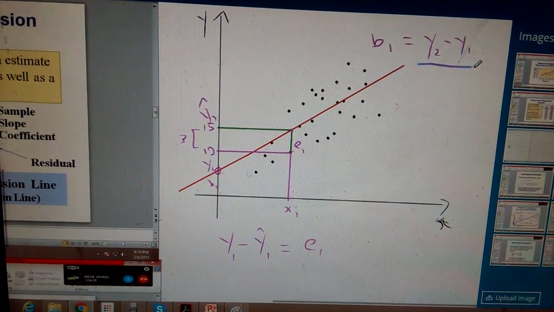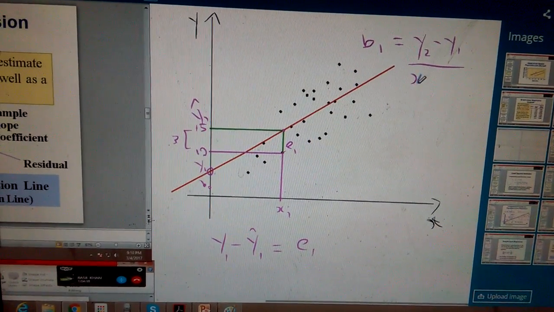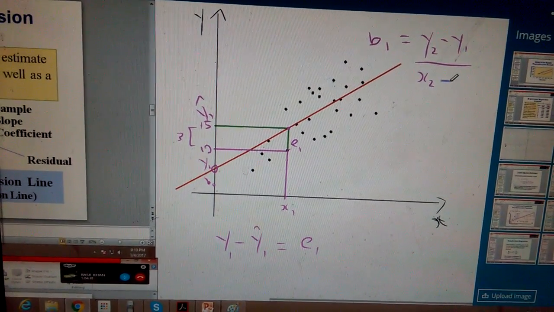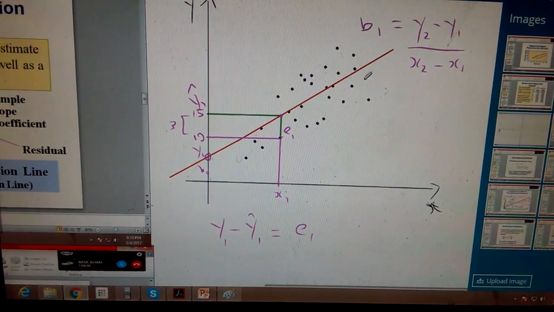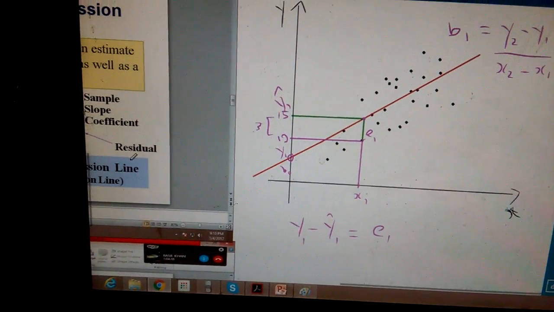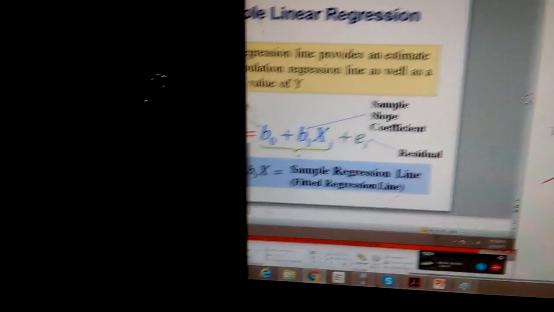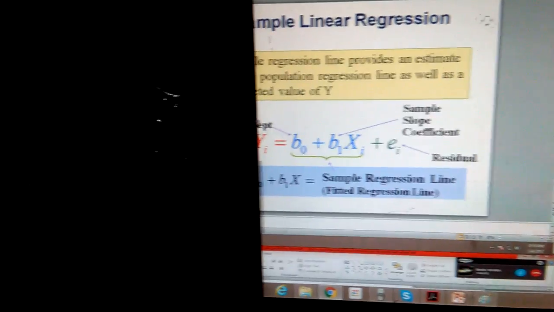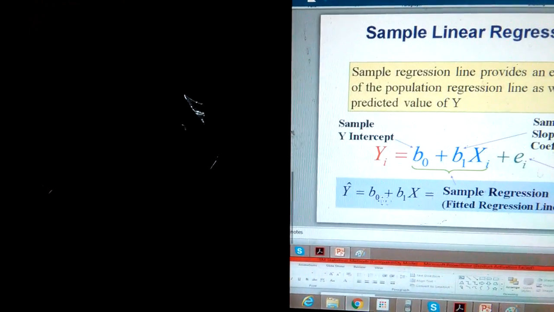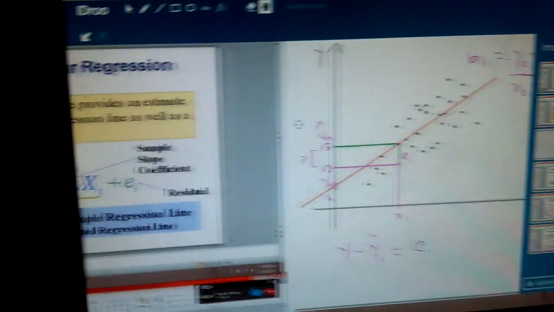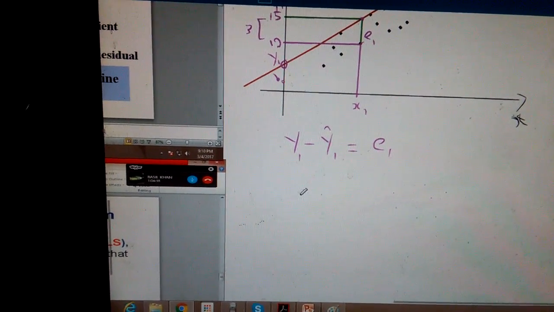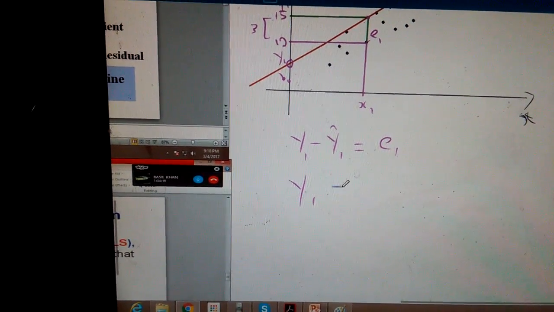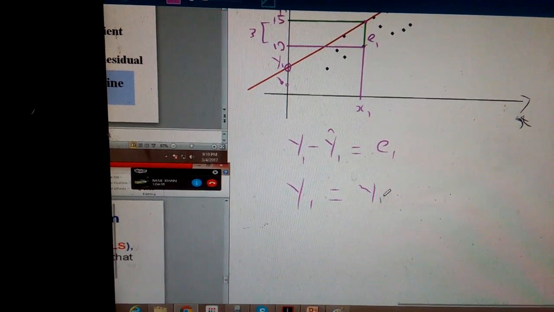any two values you select, upon the corresponding x2 minus x1. That's how you obtain the slope of the line, and you substitute over here and form the best equation. So this is your y cap. So y1 equals y1 cap plus the error.